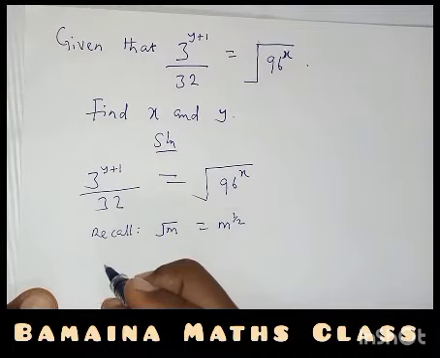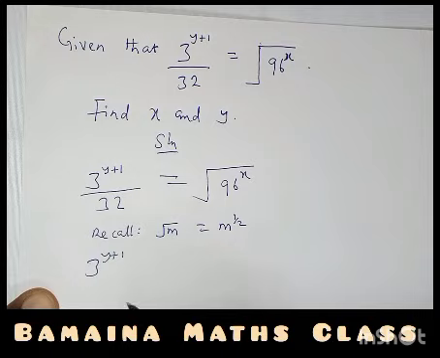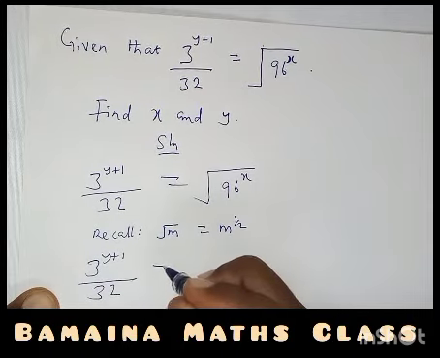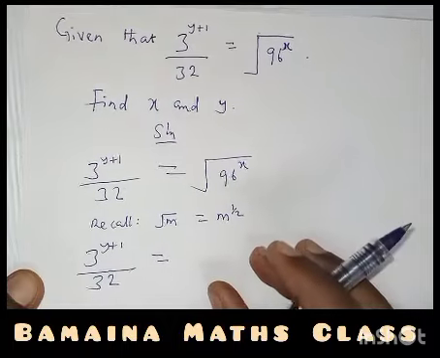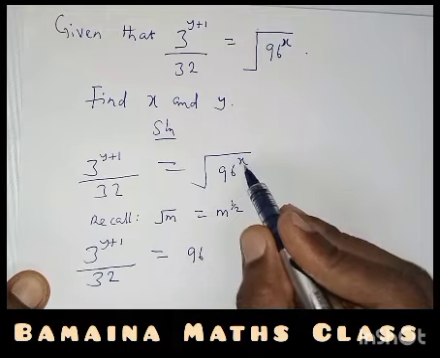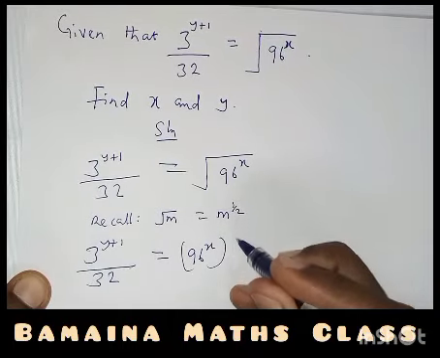So we have 3^(y+1) over 32 equals 96^x, everything to the power half.